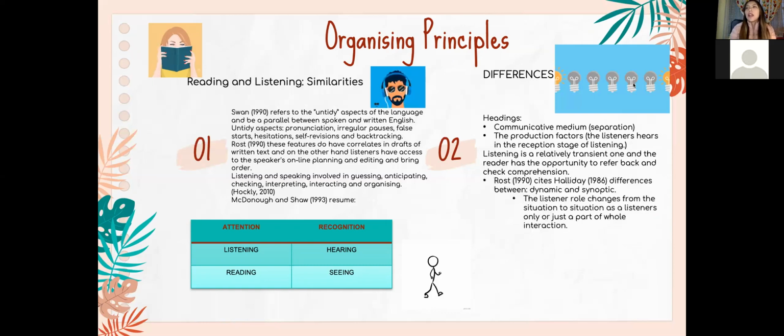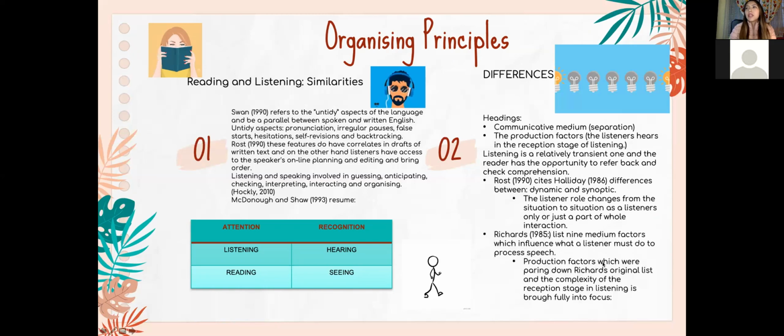Well, we are going to check that there are some differences between dynamic and synoptic, as Rose mentioned, where the listener has different roles according to the situation, as only a listener, or maybe as part of the interaction.